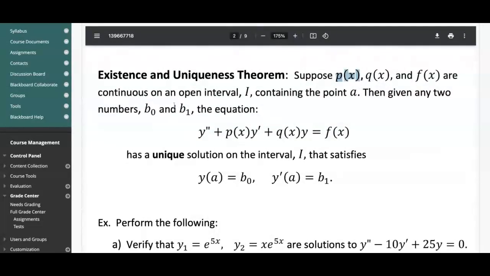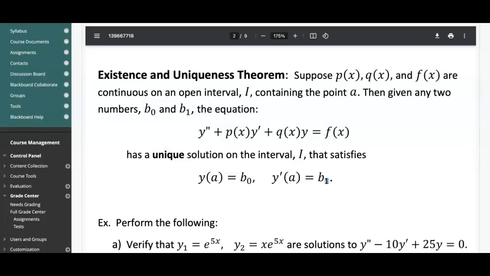So suppose P, Q, f are continuous on the open interval I, to be mathematically safe, containing the point A. Then given any two numbers B0, B1, the equation y double prime plus P y prime plus Q y equals f(x) has a unique solution on the interval that satisfies y(A) equals B0 and y prime(A) equals B1.